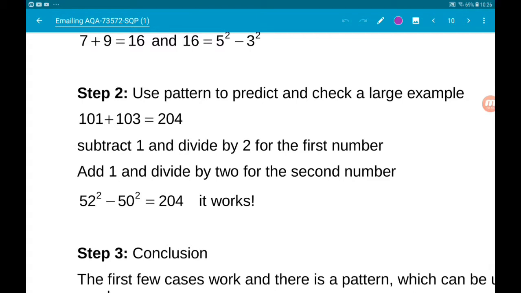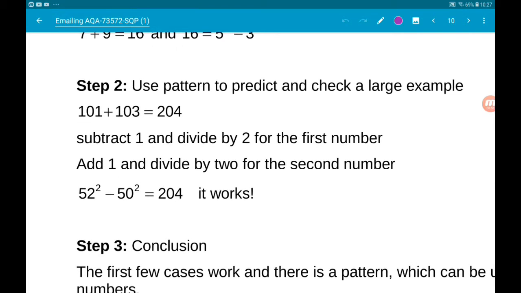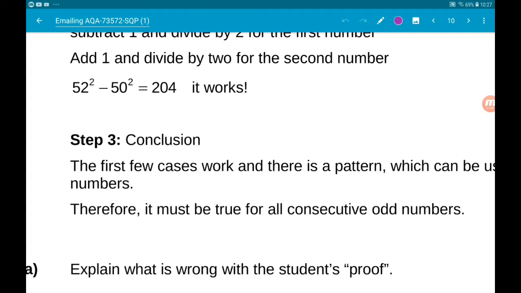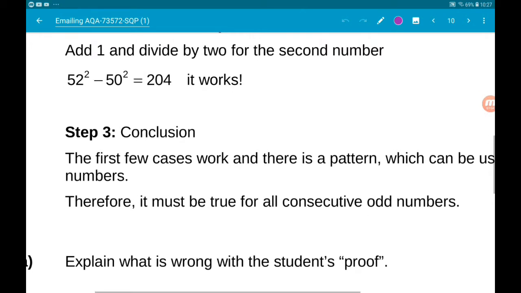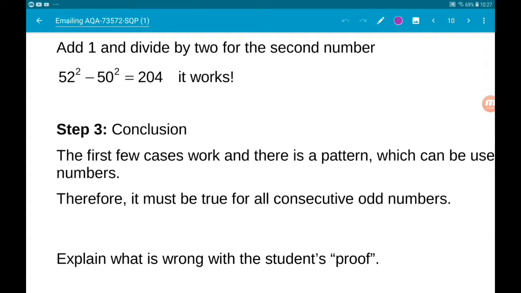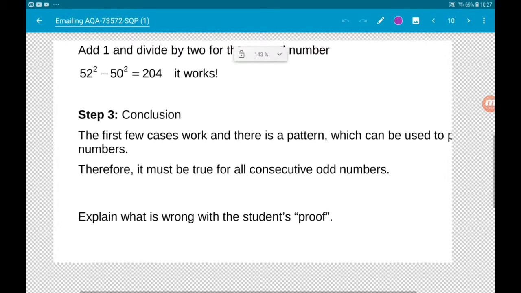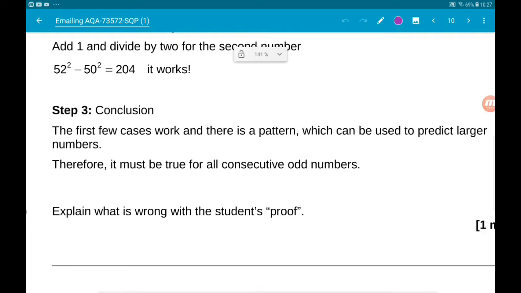So, that has also worked. Step 3 is his conclusion. So he's saying the first few cases work, and there is a pattern which can be used to predict larger examples. Therefore, it must be true for all consecutive odd numbers.